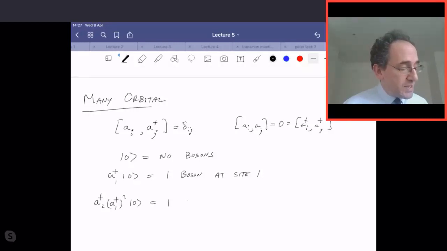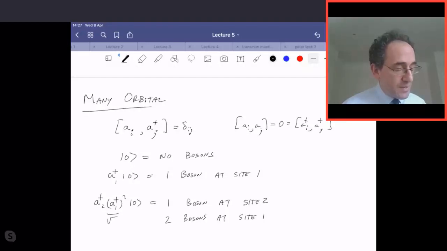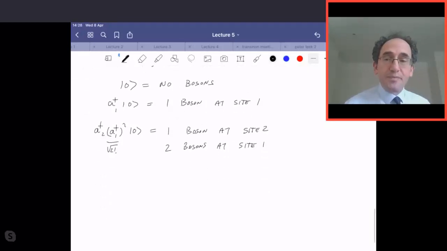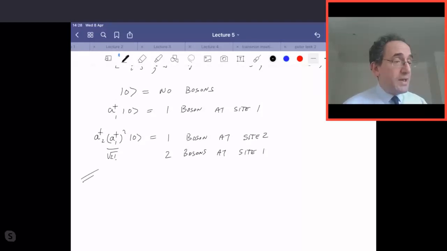This is one boson at site 2, 2 bosons at site 1. If I was careful, I would put a divided by square root of 2 factorial downstairs here to make it normalized. So it seems like a simple generalization.